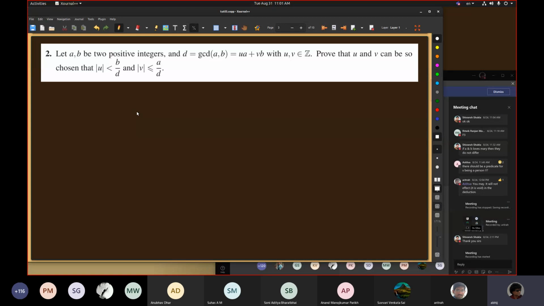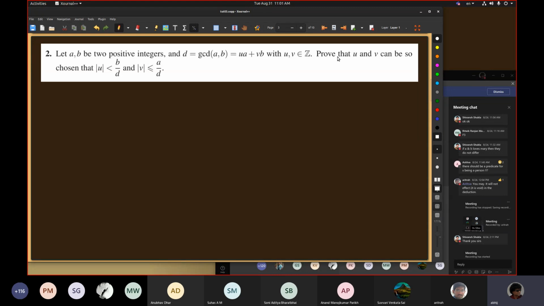Let us do something a little bit, I would say, number theoretically useful. Let A and B be two positive integers having GCD D. Then you have seen that I can find two integers U and V such that D can be written as a linear combination UA plus VB.